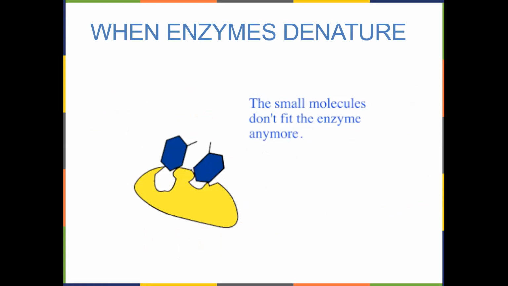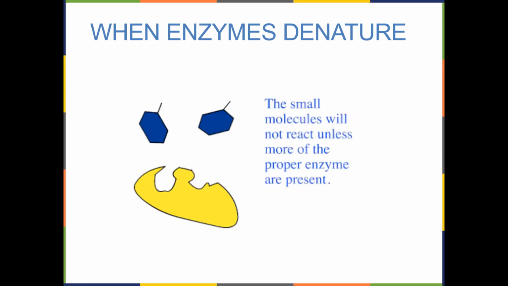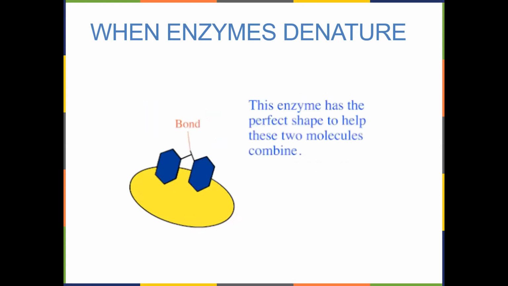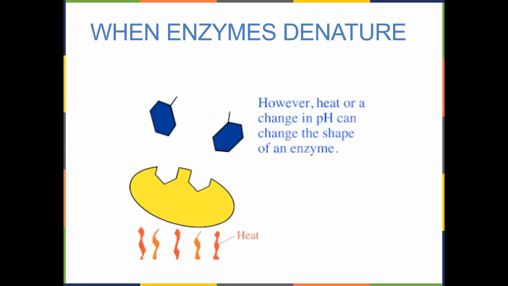They don't fit anymore. Now, if it's a mild event, like a moderate rise in temperature, maybe 104, 105, or thereabouts, maybe even as high as 106 or 107, or a decrease in temperature, the active site can be mildly denatured.